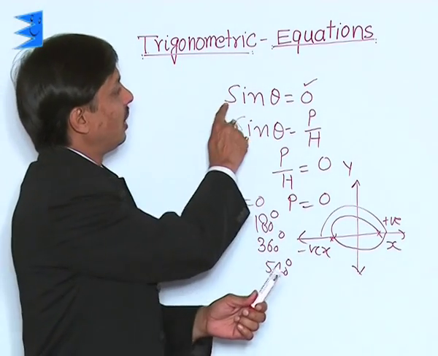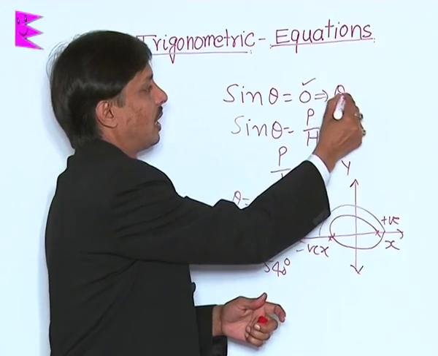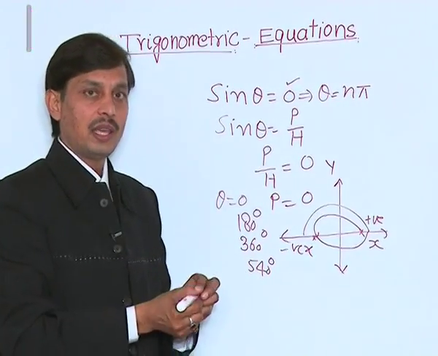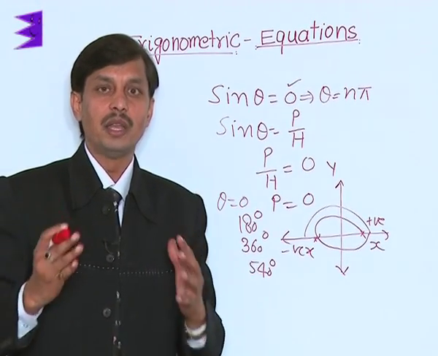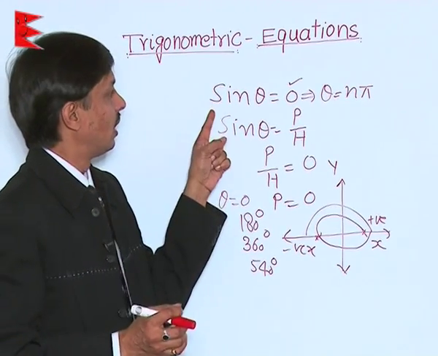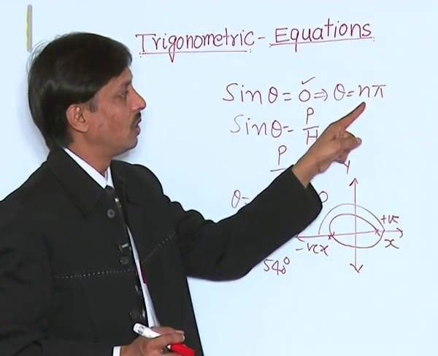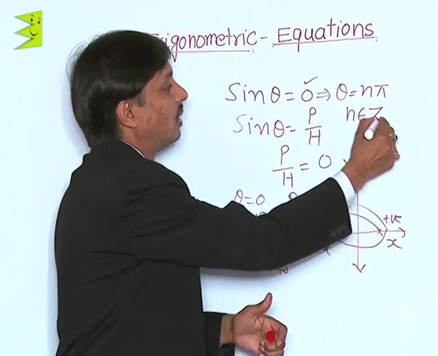So ultimately if sin theta is 0, which implies that theta is equal to n pi. Pi is 180 degrees, pi is the notation of writing 180 degrees in radians. So the first result: sin theta is equal to 0 is possible only if theta is n pi, n is any integer.